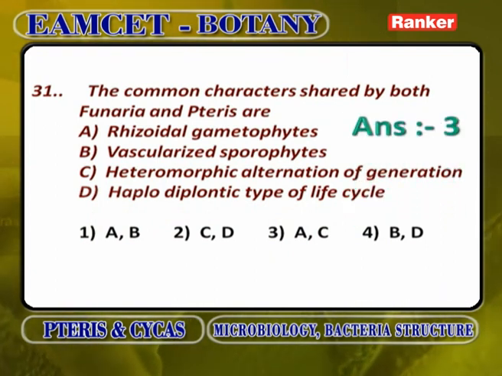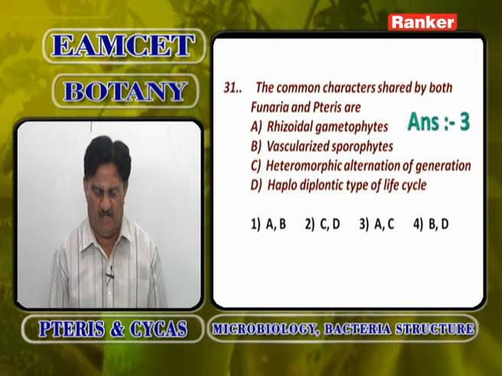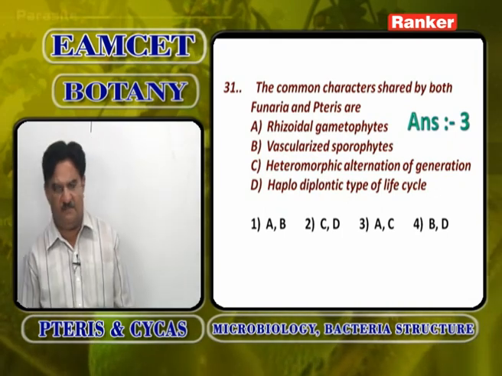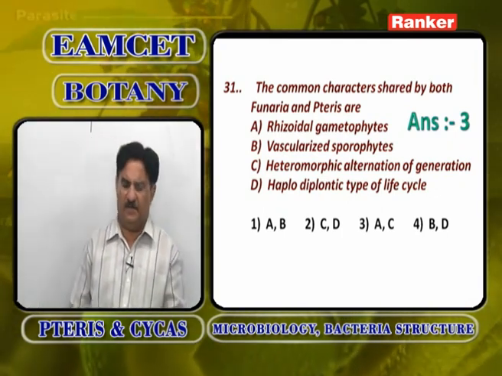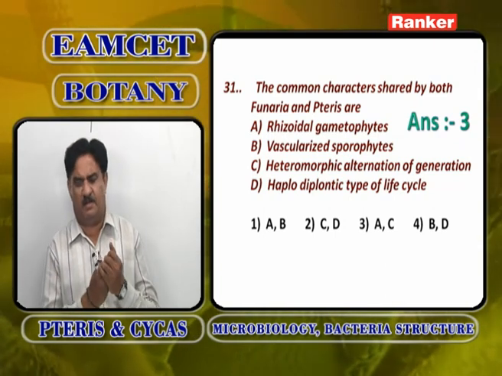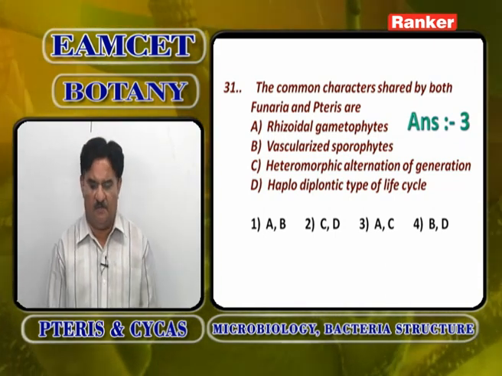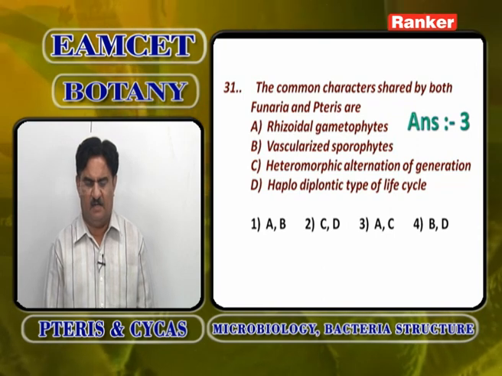The common character shared by both Funaria and Pteris: rhizoidal gametophytes, both will show rhizoidal gametophytes. Vascularized sporophytes are found only in Pteris, not in Funaria. Heteromorphic alternation of generations: sporophyte and gametophyte are entirely different but perfectly alternate with each other, so it is correct.